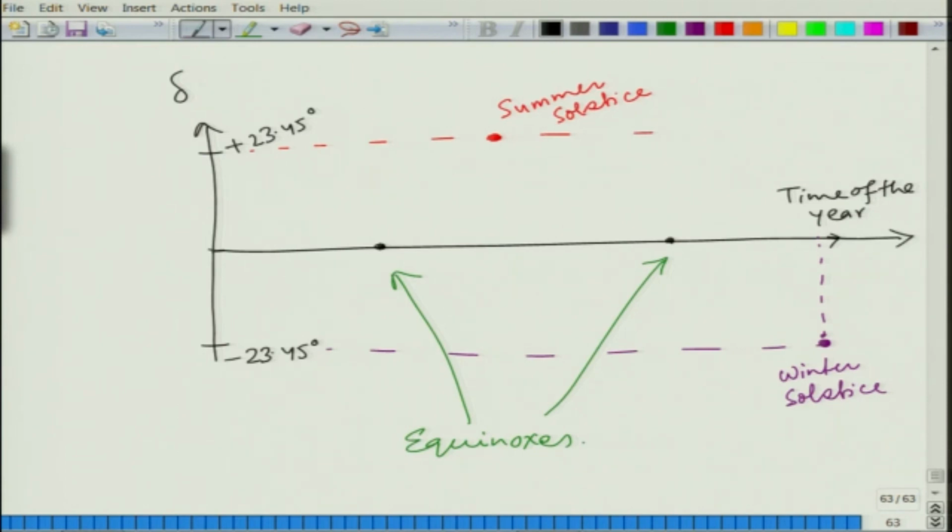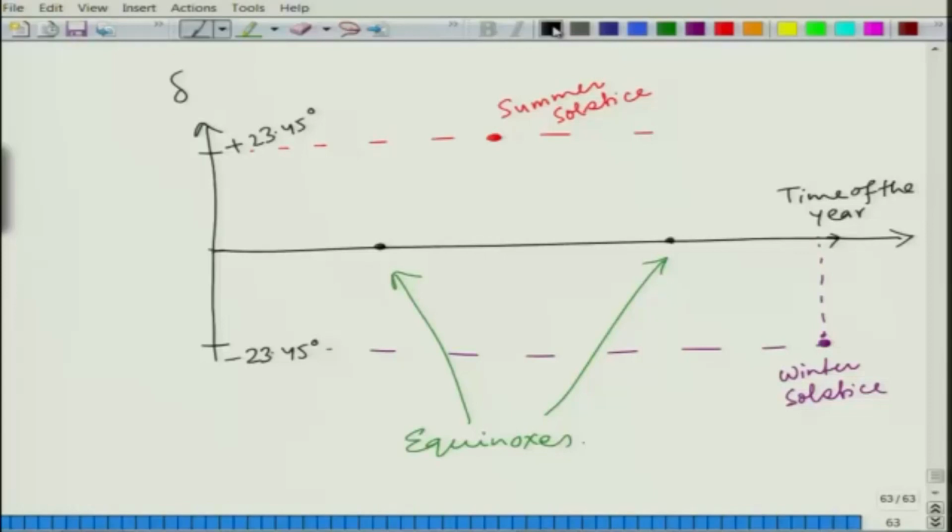For any yearly variations, the variation of declination angle will also be periodic, where whenever it starts from, it has to come back again at the end of the year. So, we can draw this variation of the declination angle.